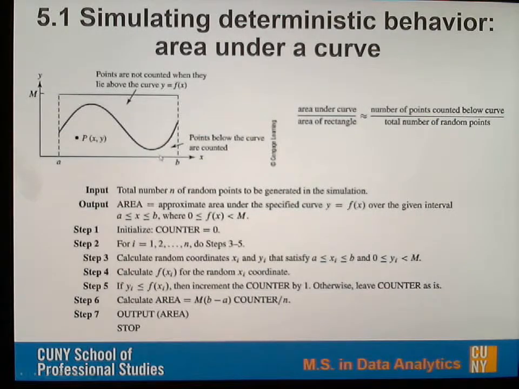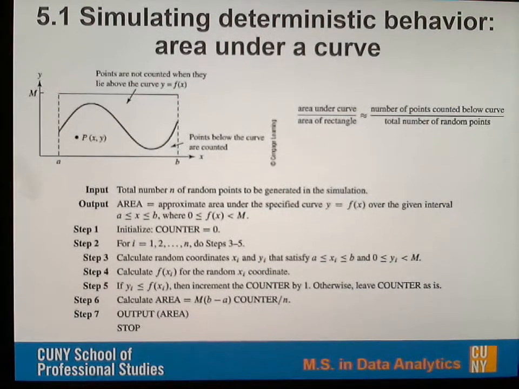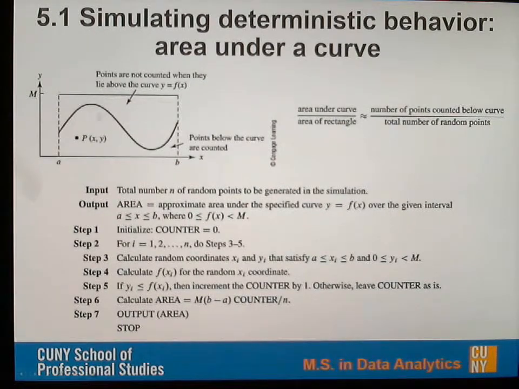As you can imagine, if we only have 20 points that we sampled, it would be very difficult for us to have a solid approximation of the area. If we have 20,000 or more data points, most probably we could simulate the area very well.